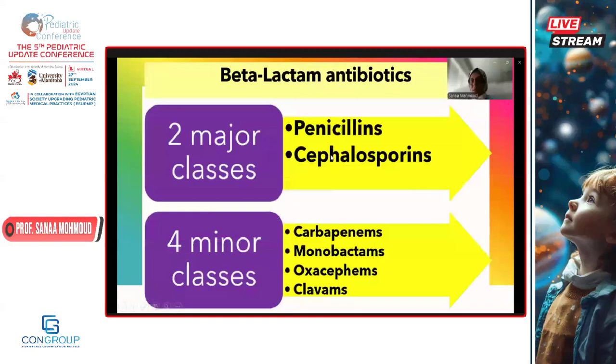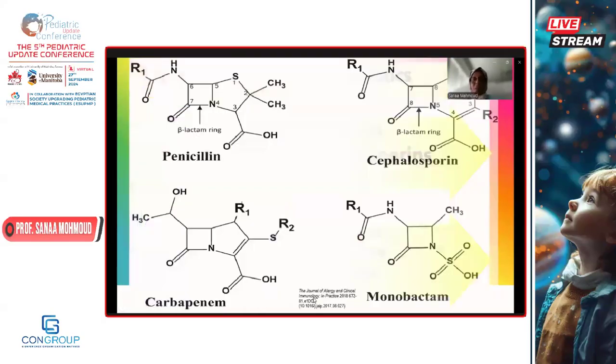Penicillin and his cousin, cephalosporin, are the two major classes. The minor classes are carbapenems, monobactams, oxapenems, and clavams. This is the beta-lactam ring that is shared between the cephalosporin and the penicillin, and also the carbapenems and the monobactam.